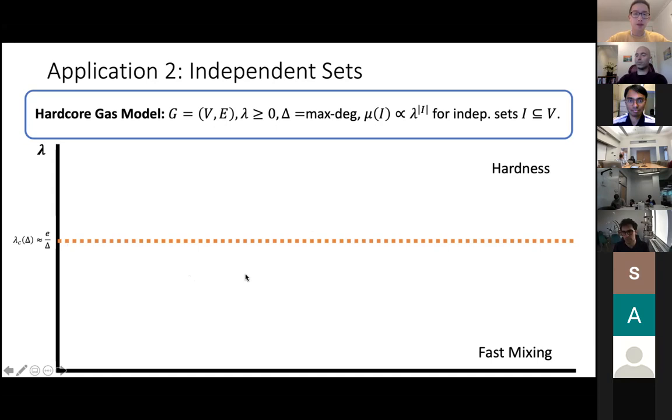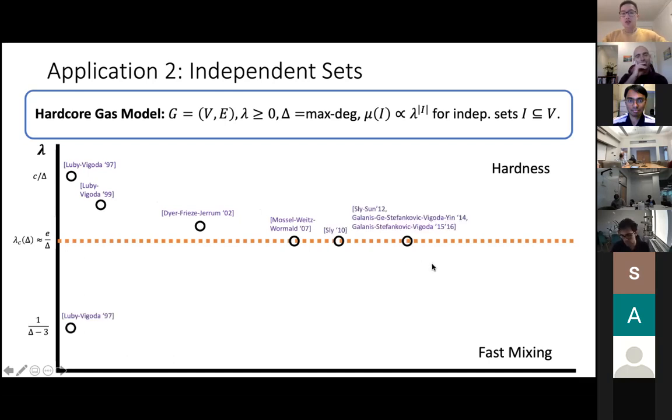Beginning with this work by Luby and Vigoda in the 90s, what they already knew back then is that for lambda above some constant divided by the maximum degree, it's actually NP-hard to do the sampling. Over the years, this was gradually brought down to this critical threshold. On the algorithmic side, it was also known to Luby and Vigoda that for lambda below, say, 1 over the maximum degree, you have fast mixing of this simple Markov chain.